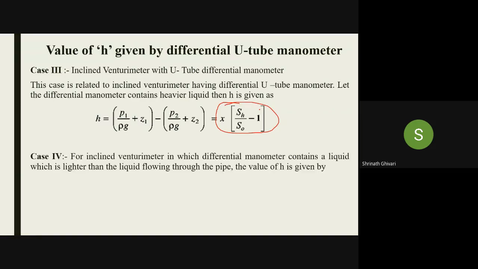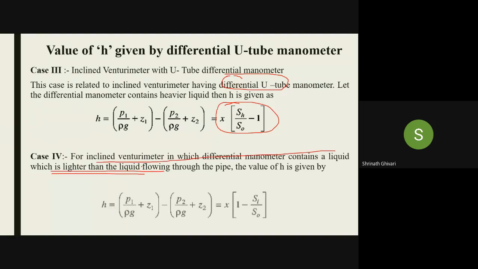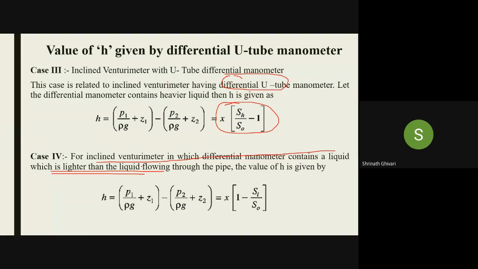This is the formula. Now, case 4 is where the differential manometer contains a liquid which is lighter than the liquid flowing through the pipe. Earlier a heavier liquid was in the differential U-tube manometer; here a lighter liquid is in the differential manometer. Therefore, the formula will become like this.